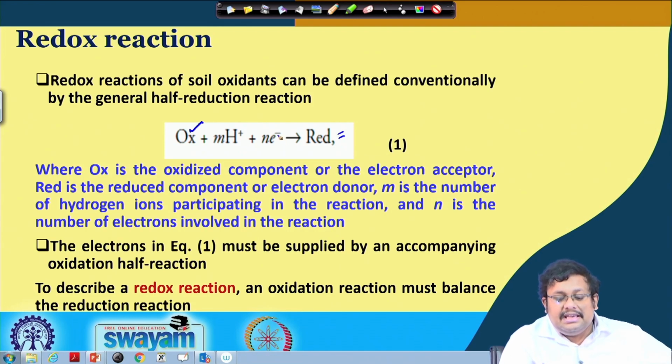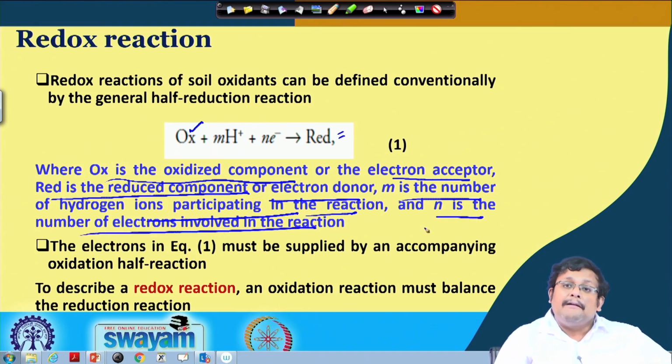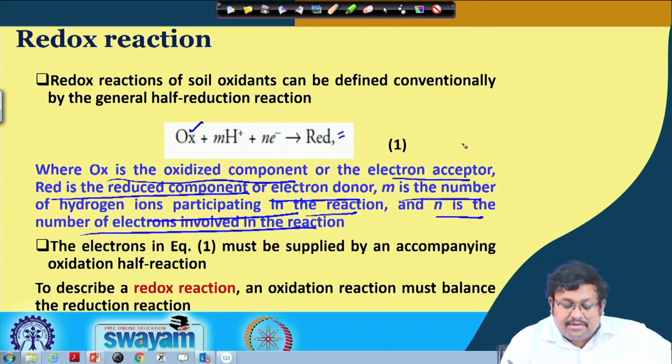So, you can see here, Ox is the oxidized component or the electron acceptor, Red is the reduced component or electron donor, m is the number of hydrogen ions participating in the reaction, and n is the number of electrons involved in the reaction. Okay. So, the reduction half reaction for any redox reaction can be expressed in terms of this equation 1.